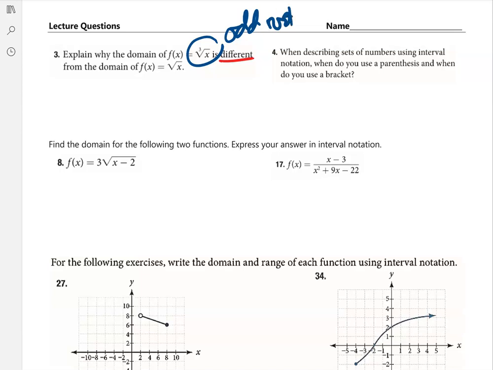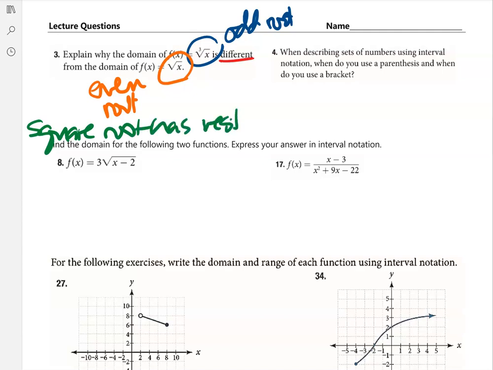And this one, square root, meaning it's an even root. And remember earlier, square roots have restrictions, and cube roots do not. Okay, so that's the difference between the two.